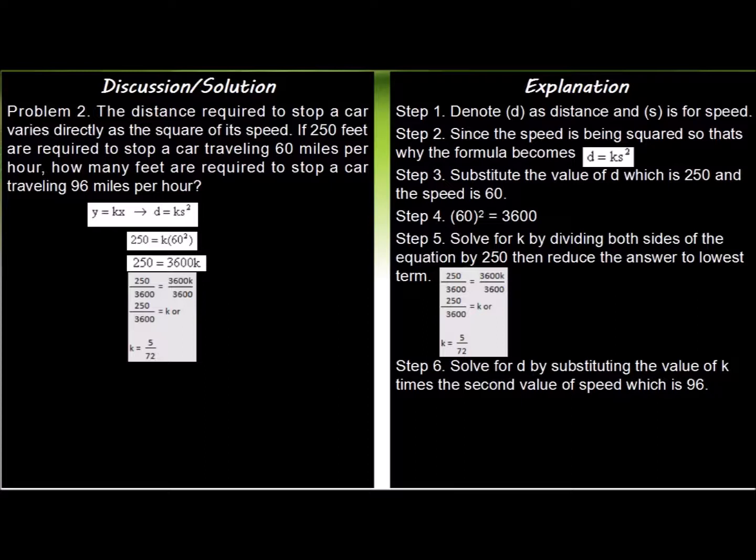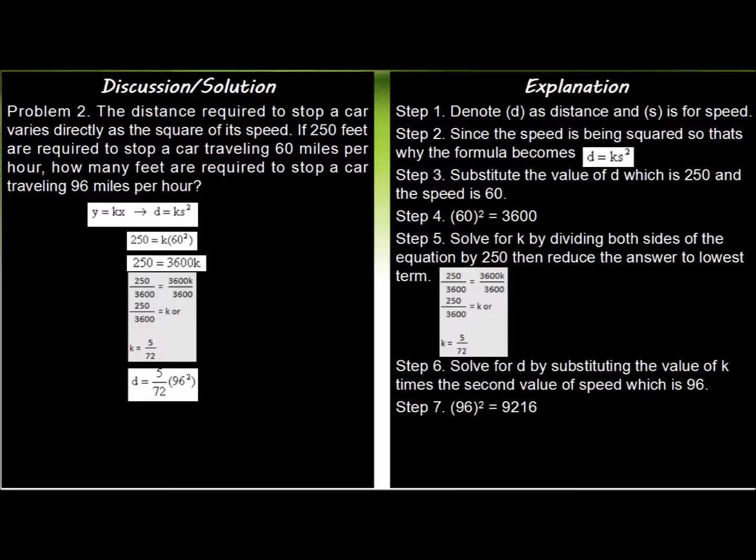Step 6. Solve for D by substituting the value of K times the second value of the speed, which is 96. So D now is equal to 5 over 72, which is the K, times 96 squared, the second value of the speed of the car.